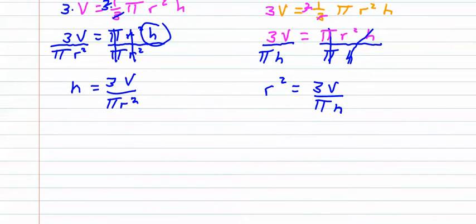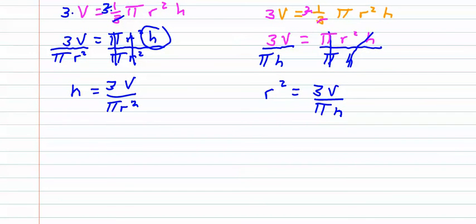And now, the last thing, and this is a little bit different, we take the square root of both sides. We haven't talked about this yet, but if we take the square root of both sides, the square root of r squared equals r. So my radius is the square root of 3v over pi h.